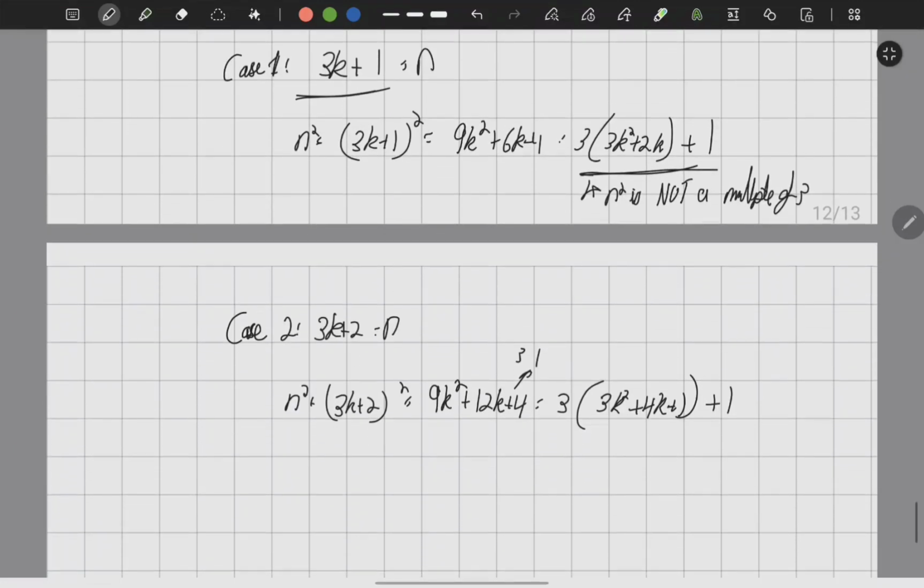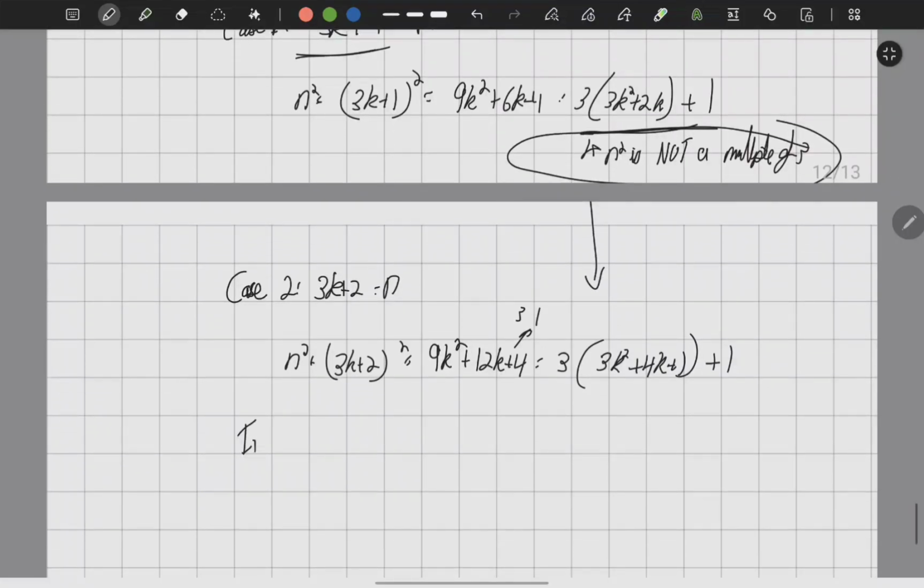What's next? Well, this is also the same as this. I'm not going to write it again, but it's the same thing. So we can write, in both cases, n squared is not a multiple of 3.